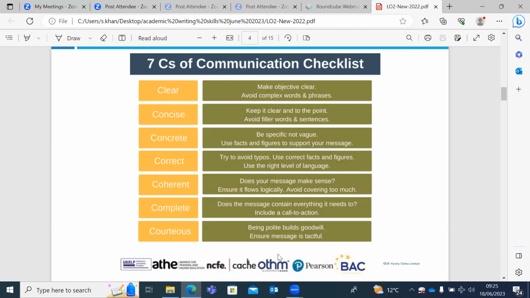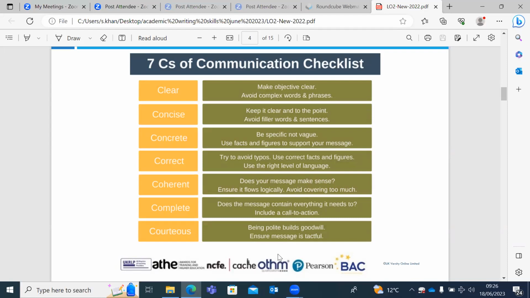So the 7 C's of communication, as we've just mentioned, is a checklist to ensure that your communication is effective. We communicate with people every day, both at work and in our personal life. We communicate face-to-face, by telephone, email, instant messenger, letters, reports, meetings, presentations, and more.